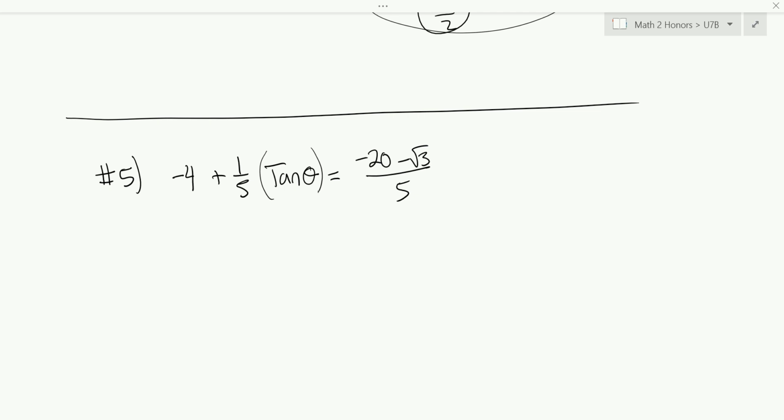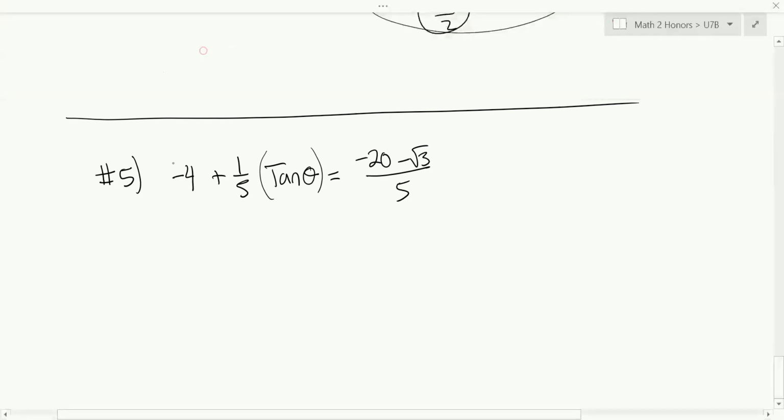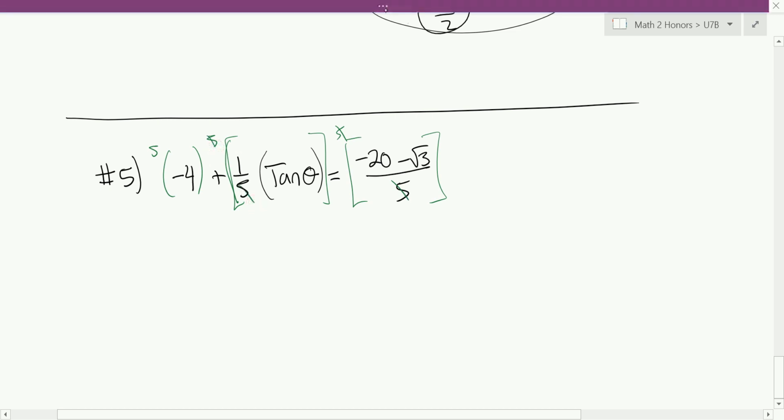I'd want to get rid of the fractions, right? You got fractions. They all have the denominator of 5. And so I'm going to multiply each piece by 5, by that denominator, to get rid of that. So multiply the -4 times 5. Multiply this piece right here by 5 to get rid of the 1/5. And multiply this whole thing by 5 to get rid of the 5. And so these will cancel or reduce. This will reduce as well.